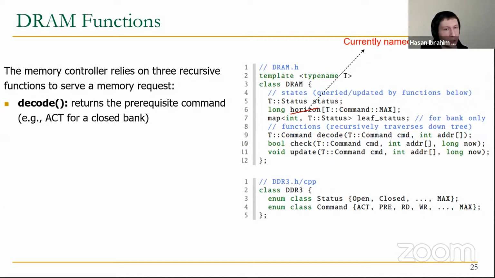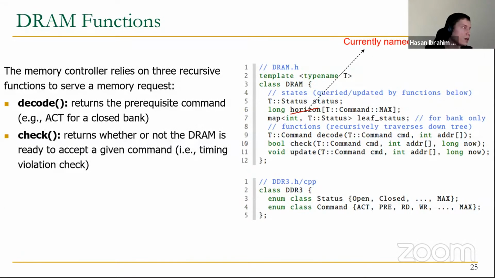If that row 2 is closed and there is no other row open in the same bank that the request targets, then the memory controller will first need to activate that bank, or activate row 2 specifically. And this decode function is basically, for a given request and the address of that request that is going to be accessed, it returns the next command that has to be issued in order to service that request.